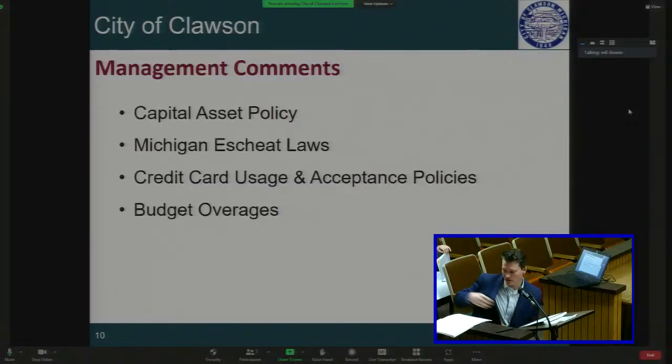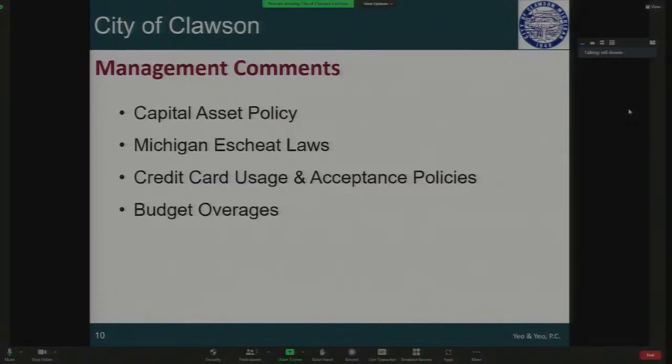In this case, all of the overages were in the general fund. Often when I see budget overages, it happens when there are audit adjustments because maybe an accrual wasn't thought of. I know the budgets are adjusted here and reviewed, but given the level of audit adjustments, I think that's the primary cause of them in this particular year.